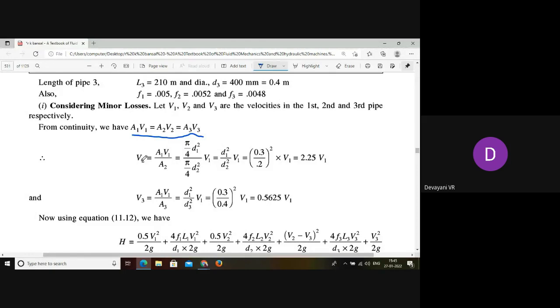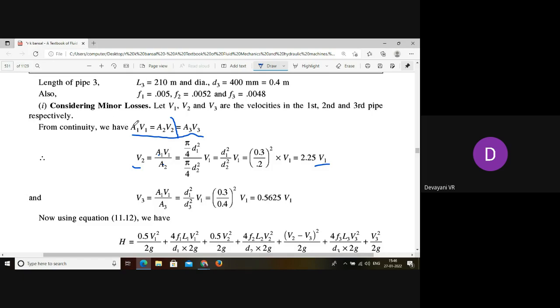Take A1 V1 equals A2 V2; from this relation we can calculate V2 in terms of V1. V2 equals A1 V1 by A2. We know A1 and A2 because we know the diameters D1 and D2, so pi D1 square by 4 and pi D2 square by 4. Substituting the values, we get V2 as 2.25 V1.